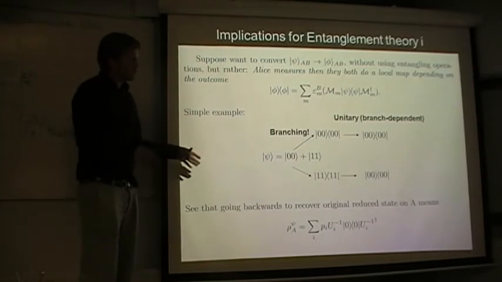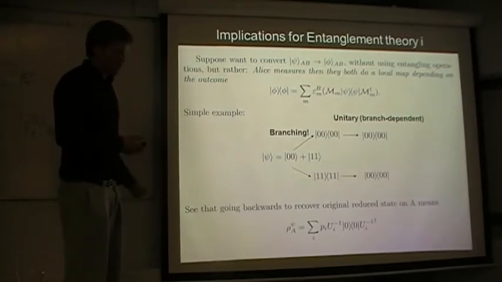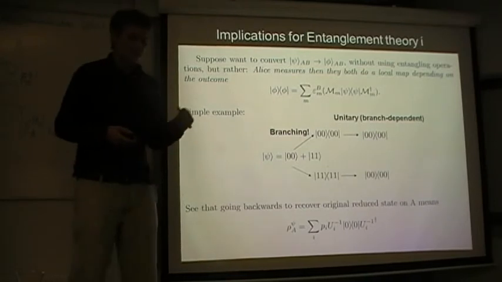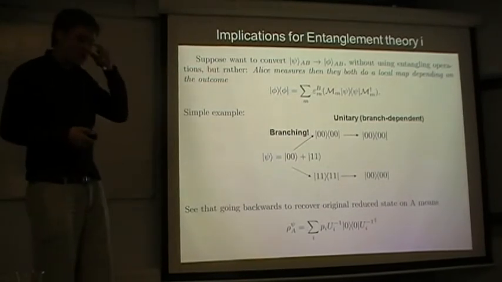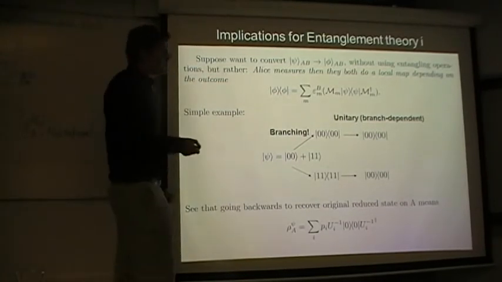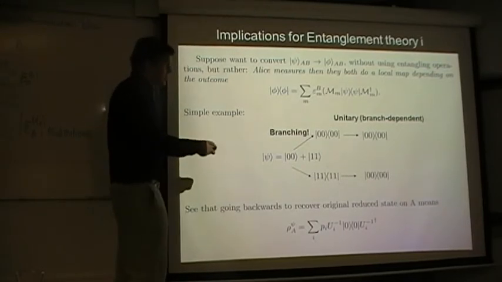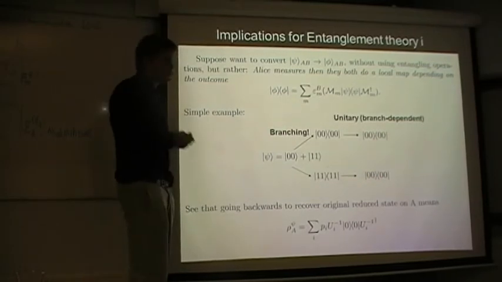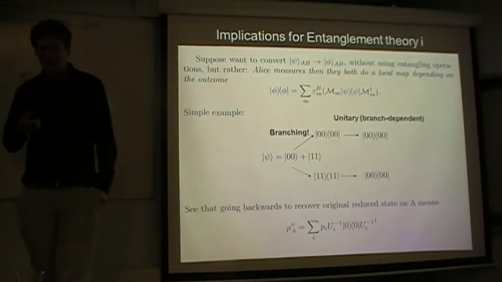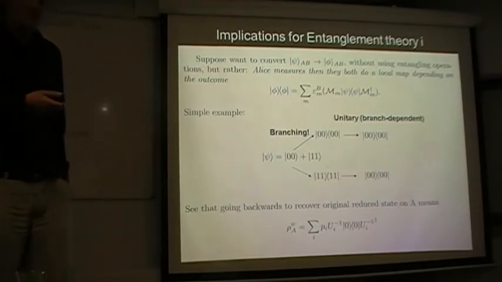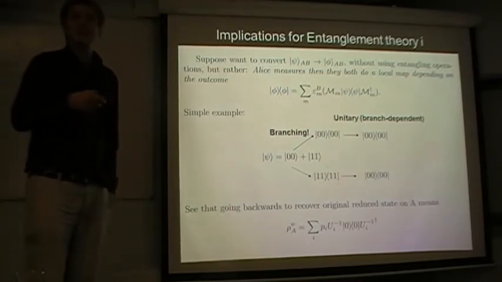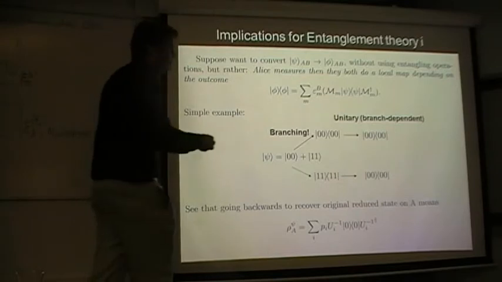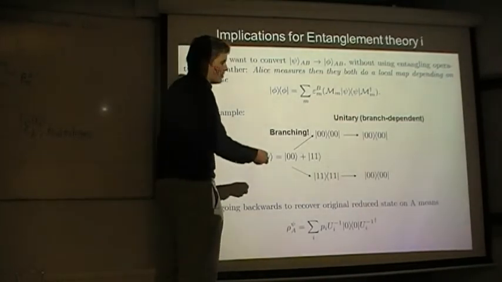Now this is a very simple example, which is definitely not the most general example. I have one more general example on the next slide. But you can already see here that if you look at the reduced state, and this is the tricky part, you have to go backwards in time to see where the majorization relation comes from. Look at the reduced state of A here.